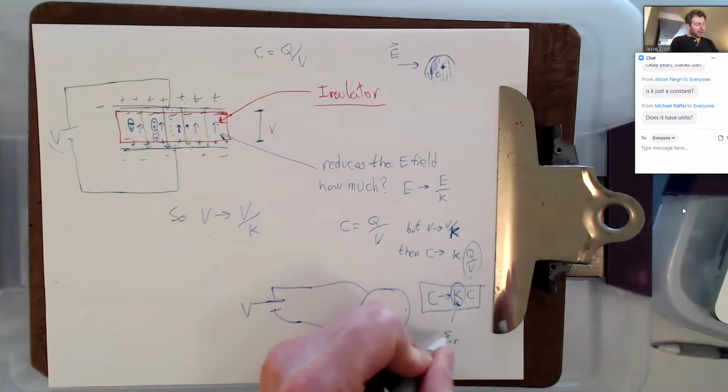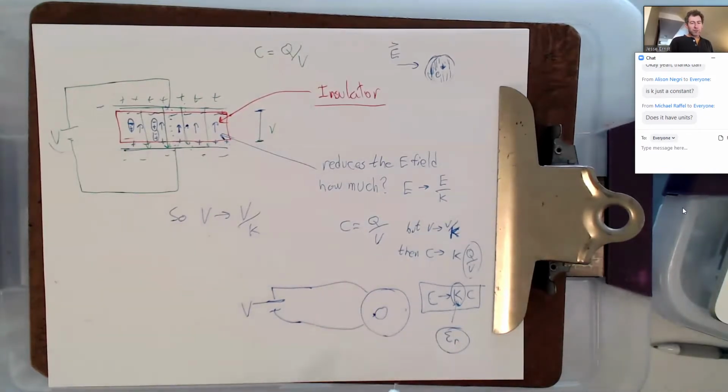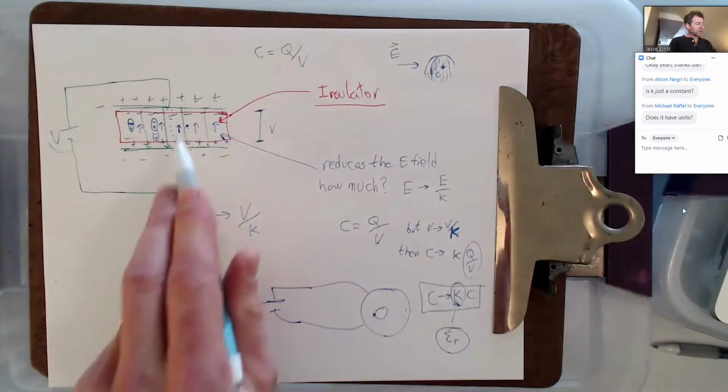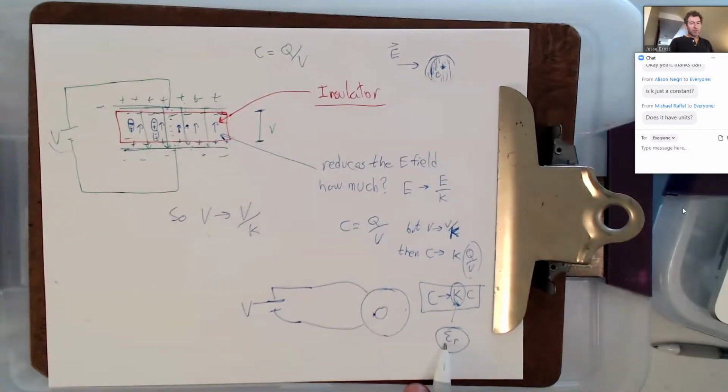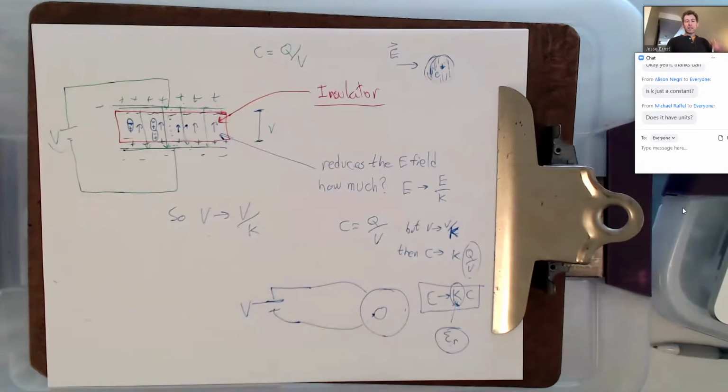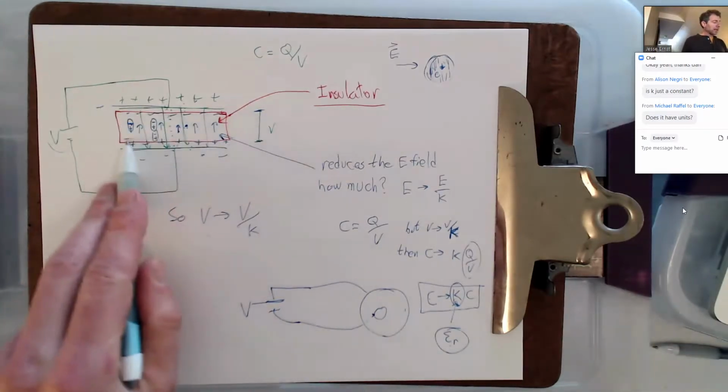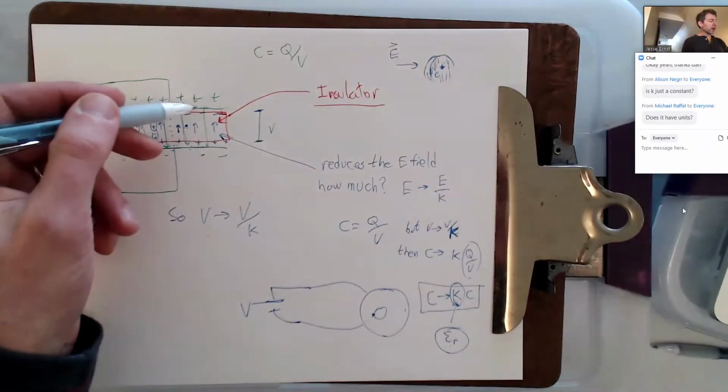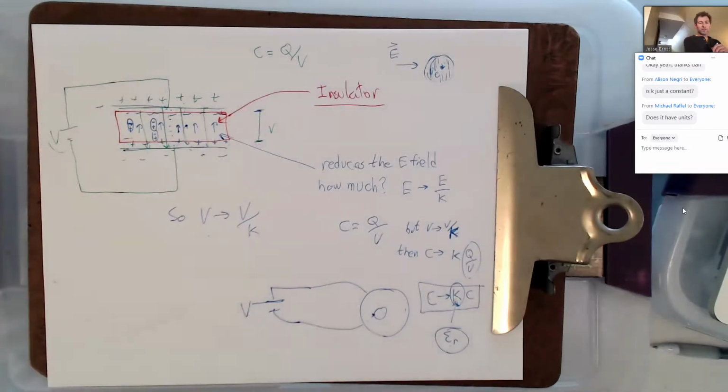Sometimes you'll see it written as epsilon sub R. If you're looking at things online for dielectrics, you'll often see it written as epsilon sub R. It doesn't matter whatever label you use. It's the factor by which the E field gets cut down in here, which means now you need more charge to get the same potential difference. And no, it's unitless.